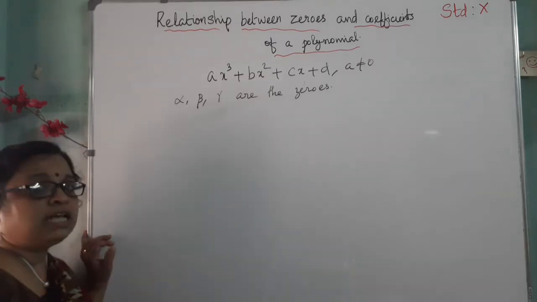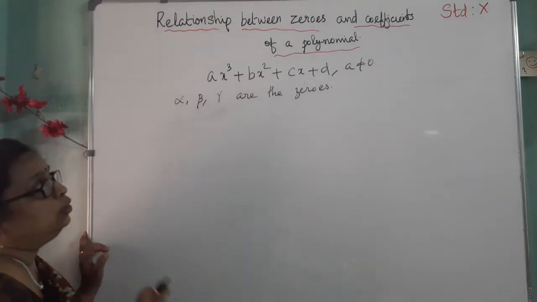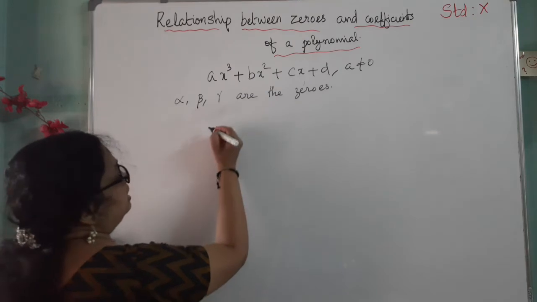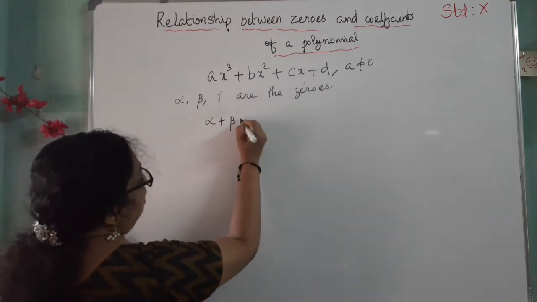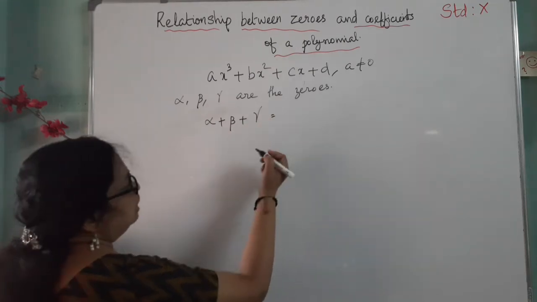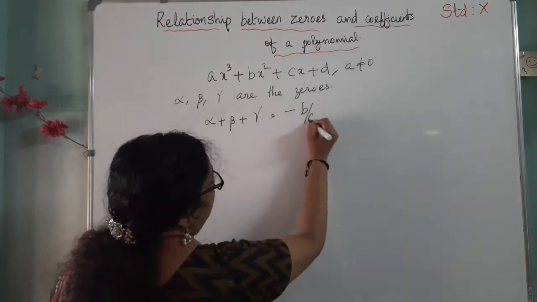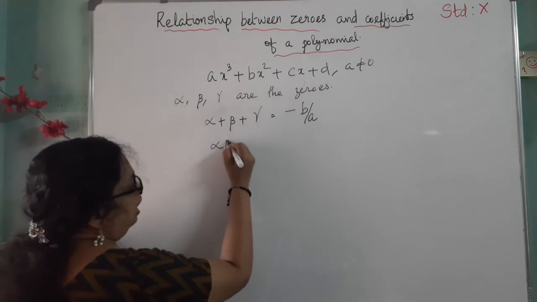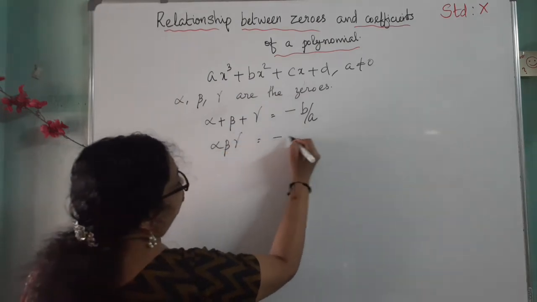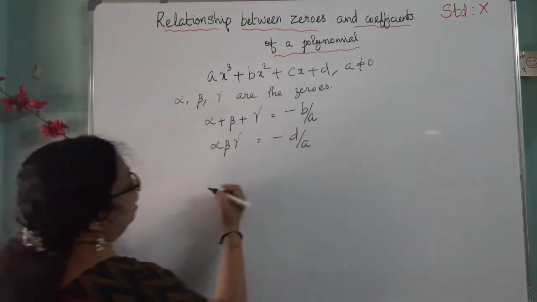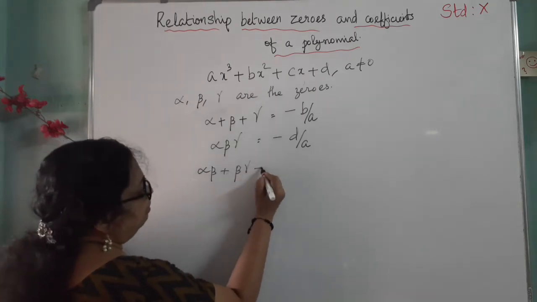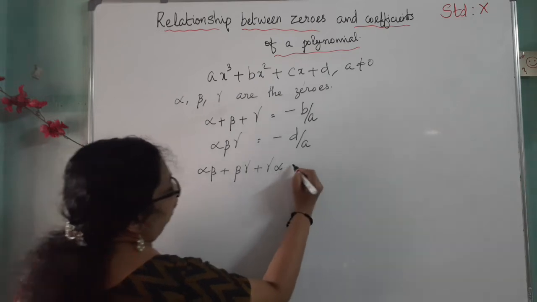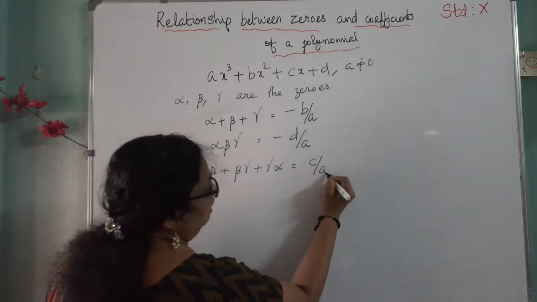Then consider the sum of products of zeros taken two at a time. Then we get the sum of the zeros, that is alpha plus beta plus gamma is equal to minus b by a. Then the product alpha beta gamma equals minus d by a. And alpha beta plus beta gamma plus gamma alpha equals c by a.